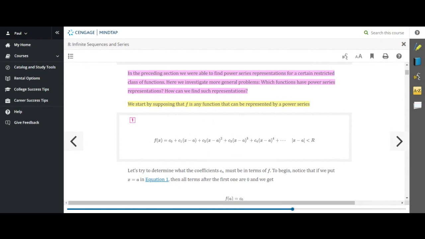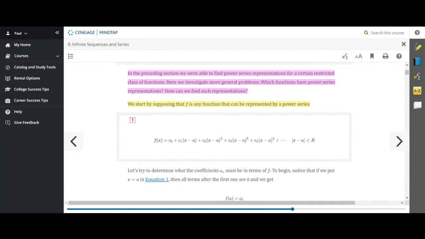And again, all the functions that we saw in section 8.6 had some relationship to a rational function. Here we investigate more general problems. Which functions have power series representations? How can we find such representations?